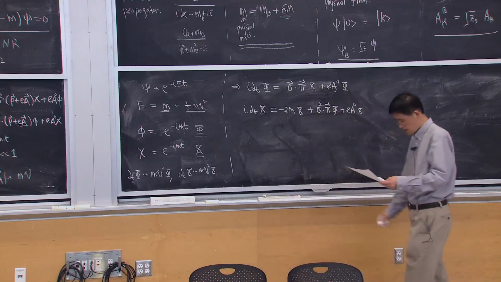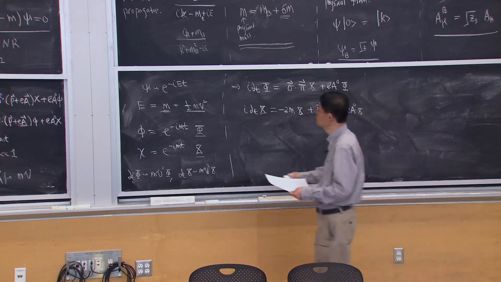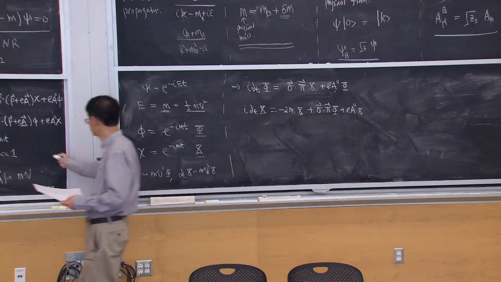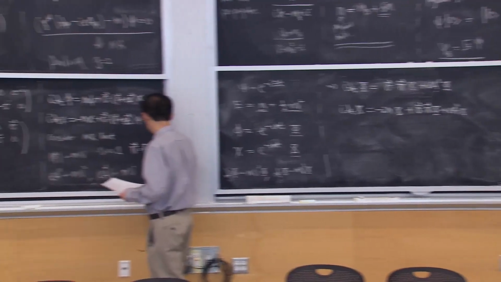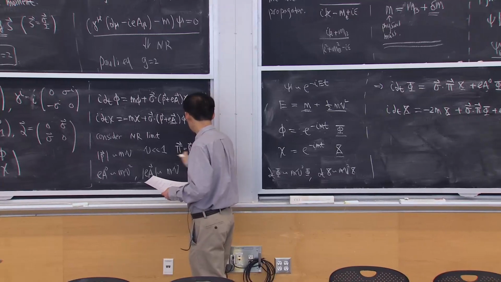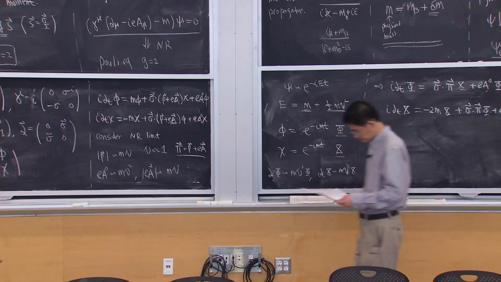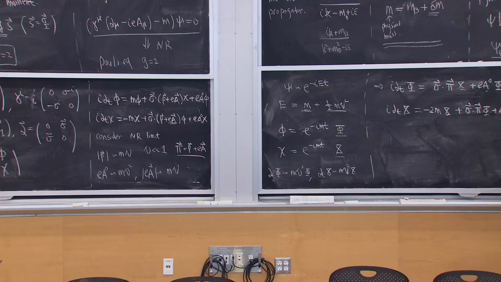Okay? So I have also introduced the notation that pi is equal to P plus EA. Now you see the difference between these two equations.